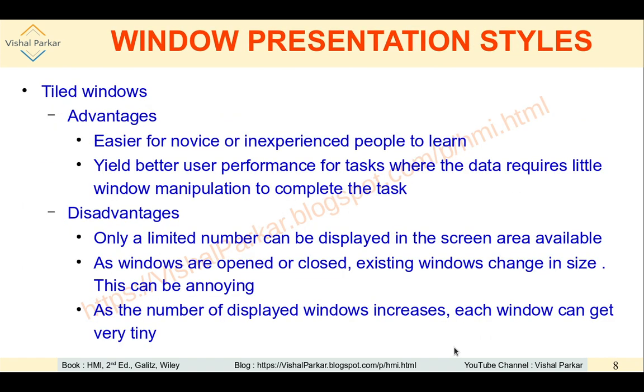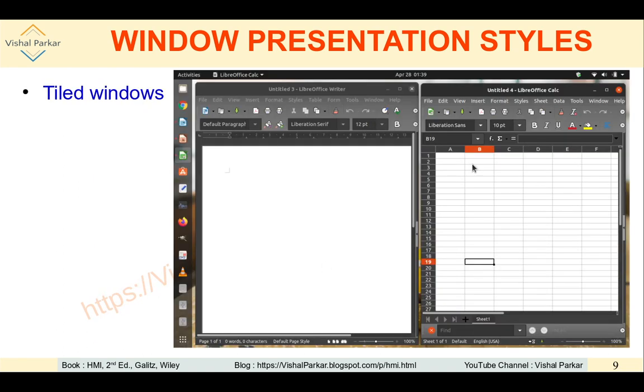Now different window presentation styles are available, as you have seen previously. The first is tiled windows. Let me show you how they look first. So different windows may be present like this. They appear to be the same as tiles, so that's why it is called a tiled window.